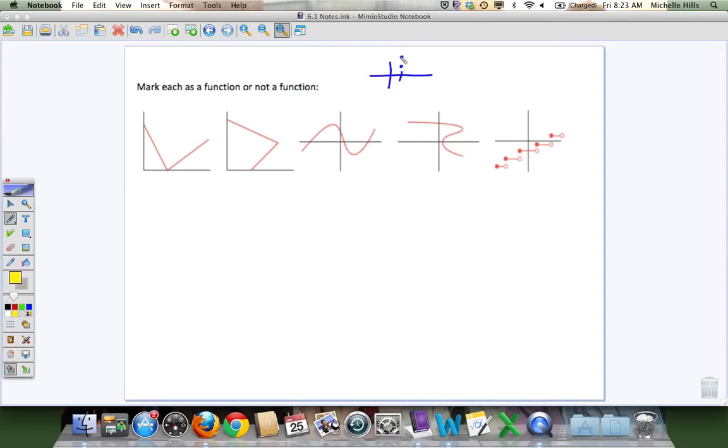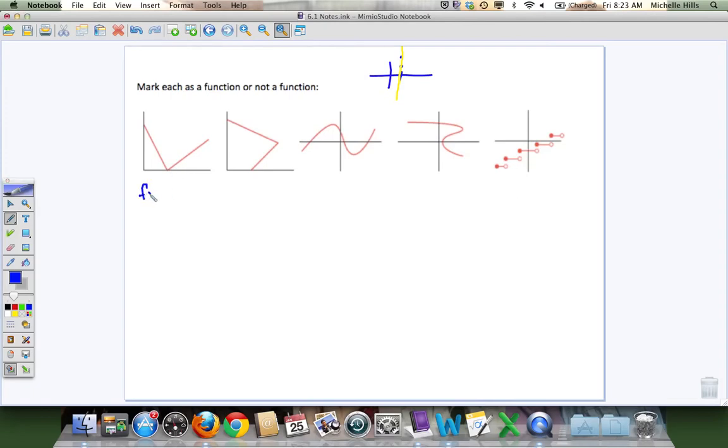This input has two different outputs. At some point I could draw a vertical line and hit 2 points in this relation at the same time. So when it's a graph, not from a table, you can say it's a function or not a function because it does or does not pass the vertical line test.